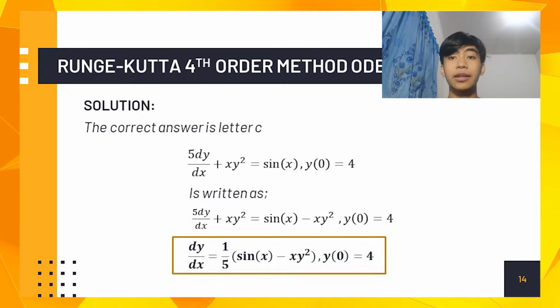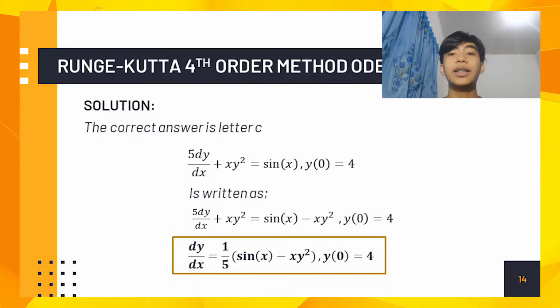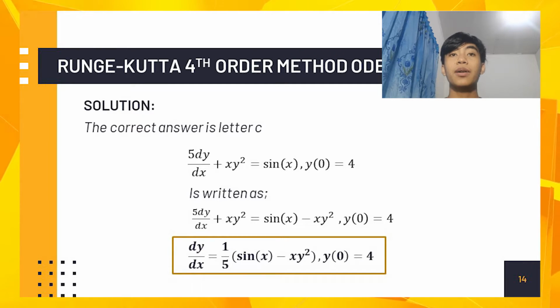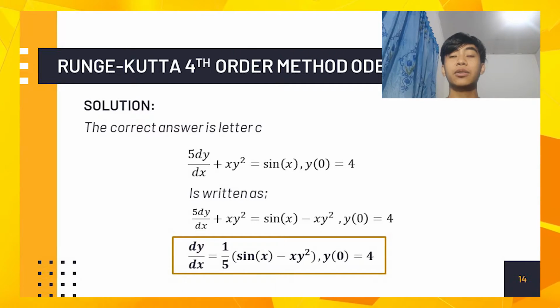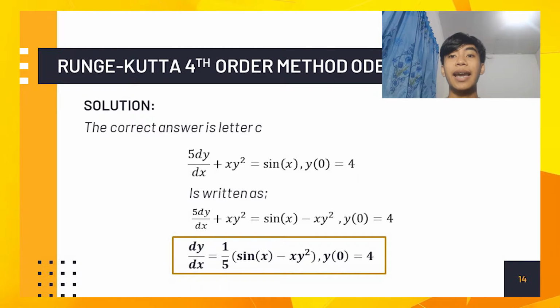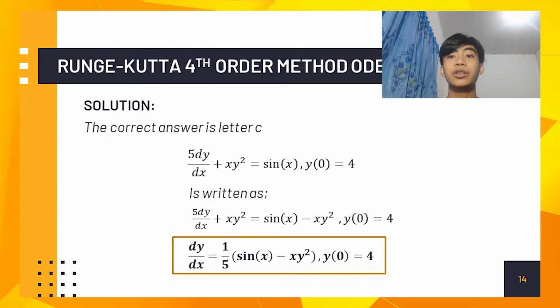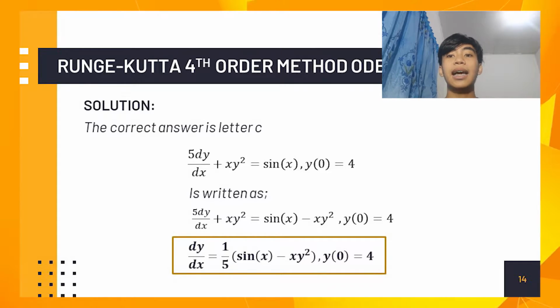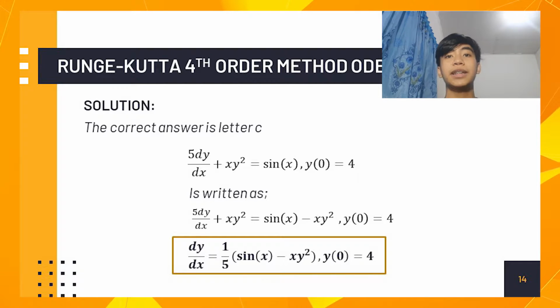So, solution. We're going to write the equation 5 dy over dx plus xy squared is equal to sine x. First, you should subtract the xy squared from the left side and from the other side so we can cancel out the xy squared on the left side.